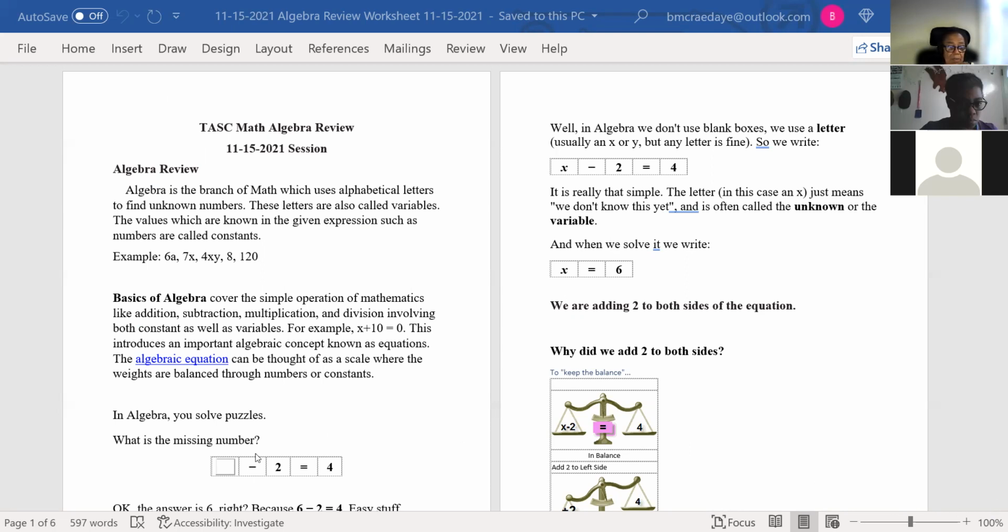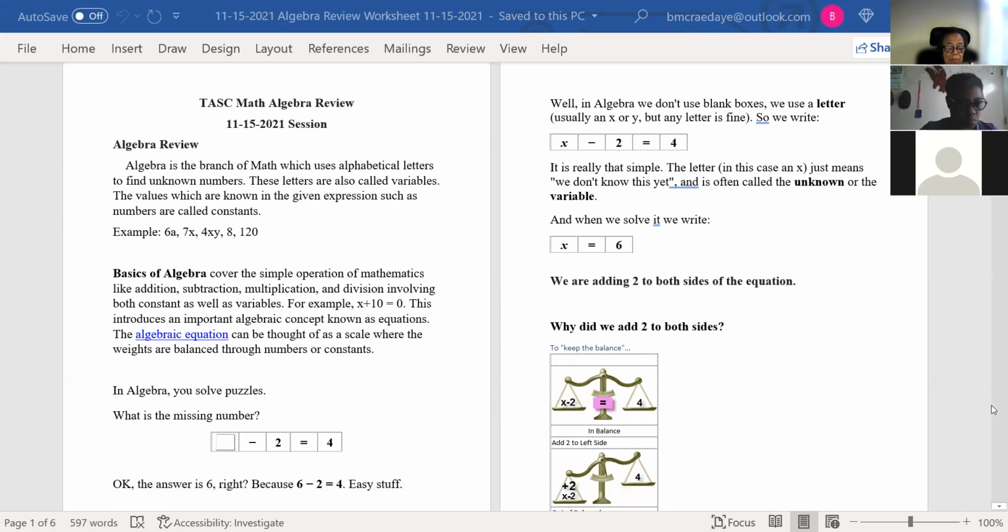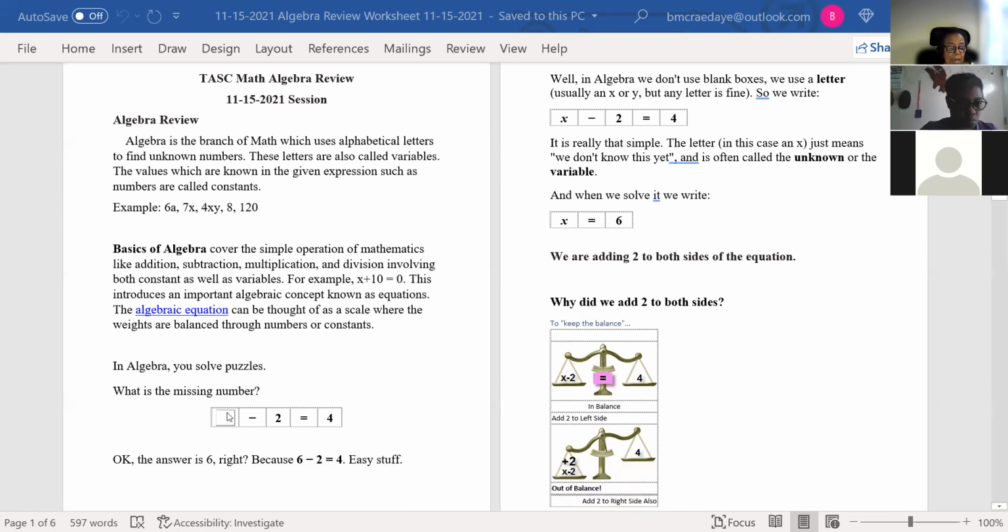And just to put it in a form here, where we have some number minus 2 equal 4. Now, what number do you subtract 2 from to get 4? Maureen? 6. That's right. 6 minus 2 is equal to 4.